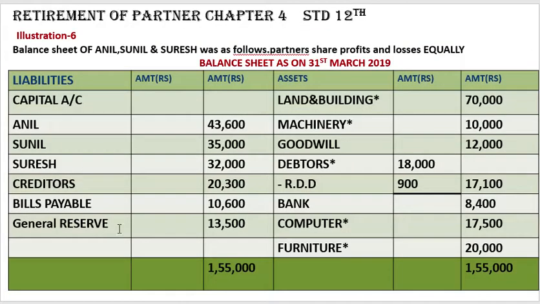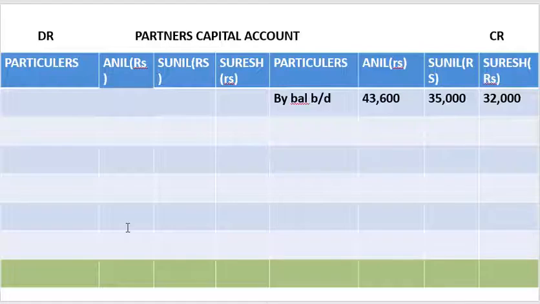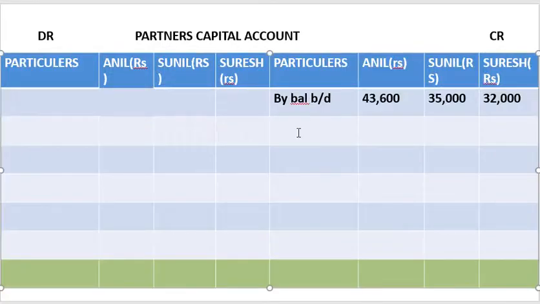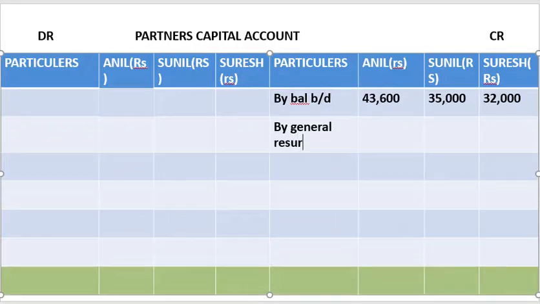Then general reserve 13,500. Now this we have to distribute among all three partners in equal ratio. So we'll go over here by general reserve. Now we'll divide it by 3.